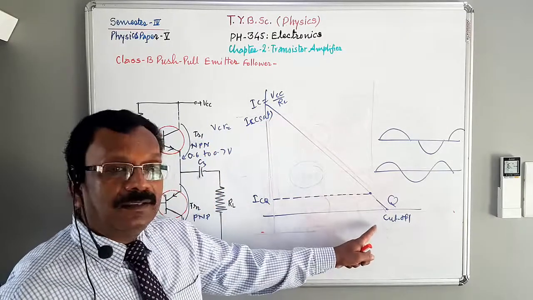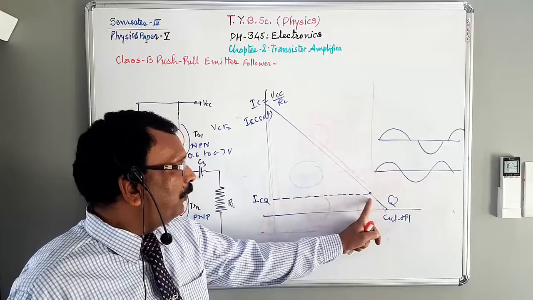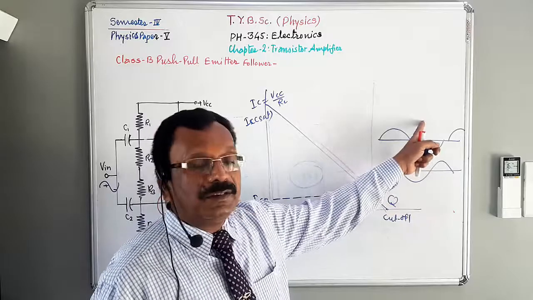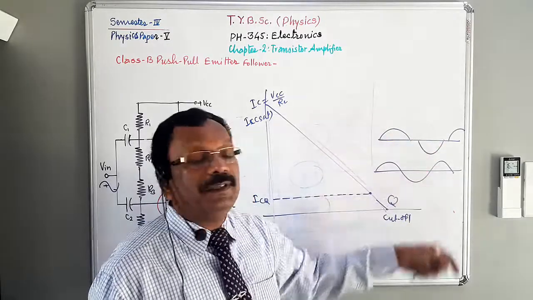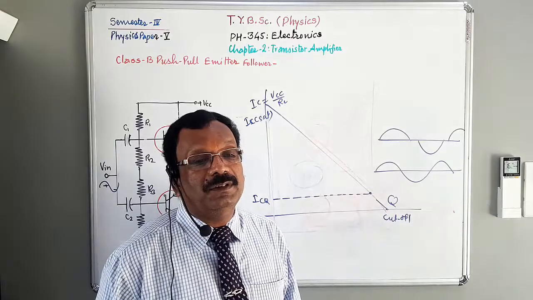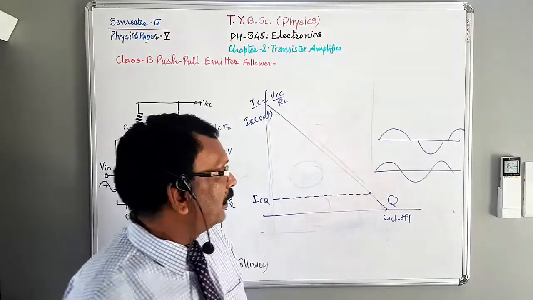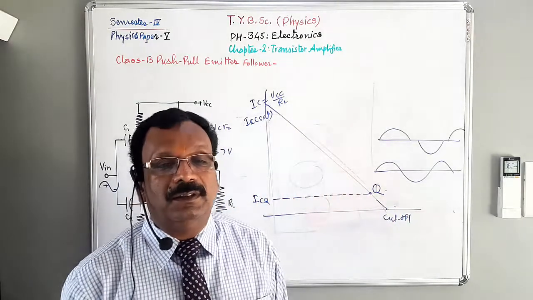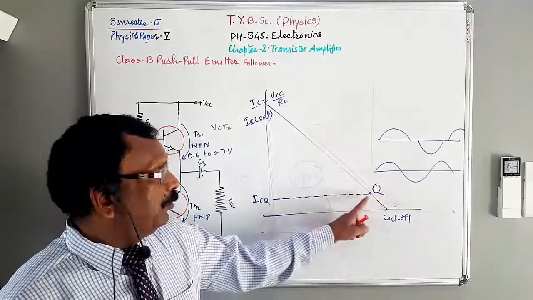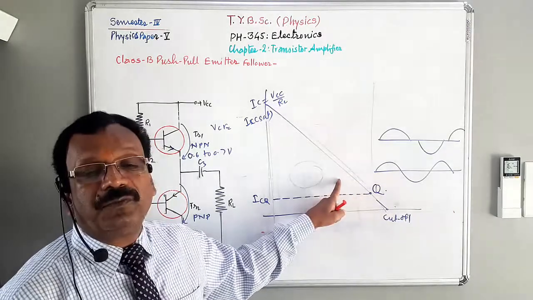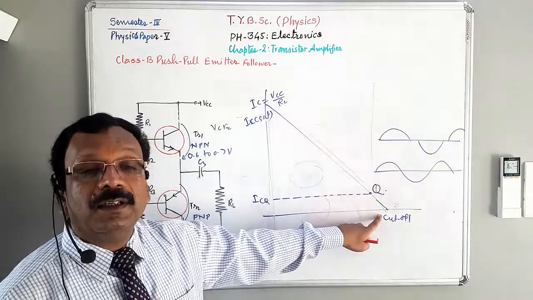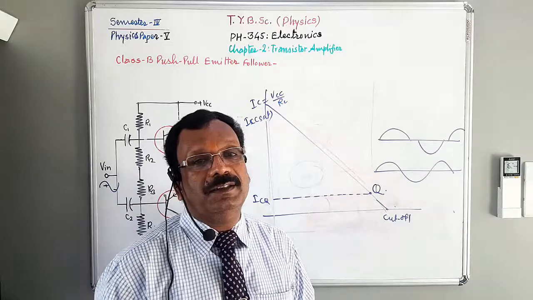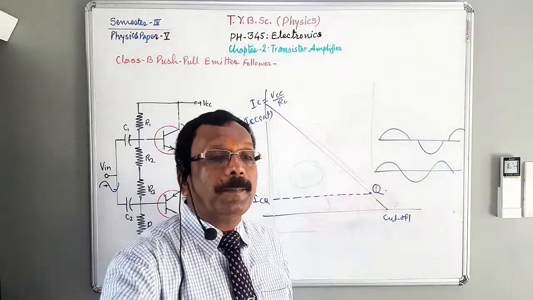When we push this quiescent point to 1 to 5% of the IC saturation, the distortion in clipping will be removed. So instead of this, the quiescent point should be here. When the quiescent point is slightly above the cutoff, then we can say that the distortion is eliminated. This is very important.